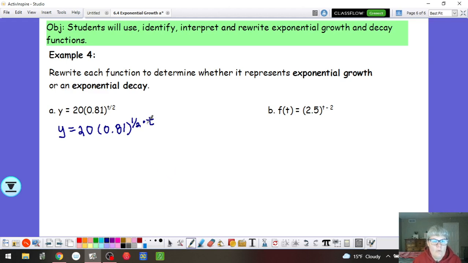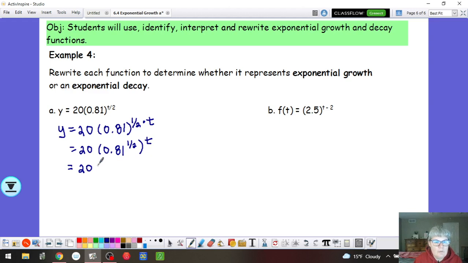And if we think about when we would multiply exponents, it would be when we have the exponent on our base. So I'm going to write 0.81 to the 1/2 and take it to the t power. So I need to calculate what is 0.81 to the 1/2 power to determine whether it represents exponential growth or an exponential decay.